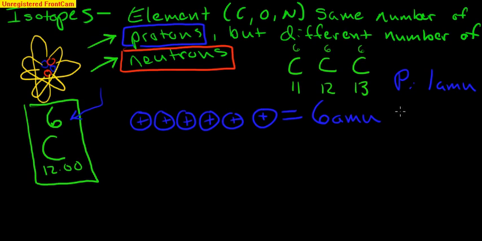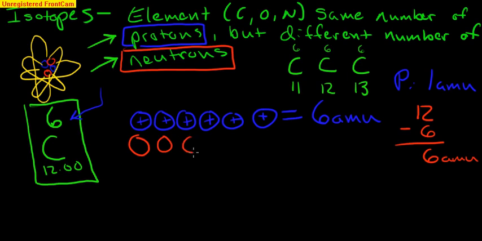Simple. Just do 12 minus 6, which gives you 6. That would be 6 neutrons, with no charge.